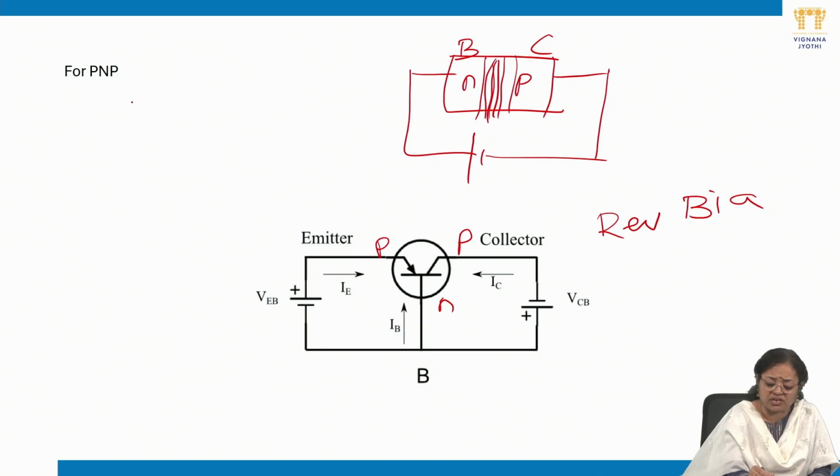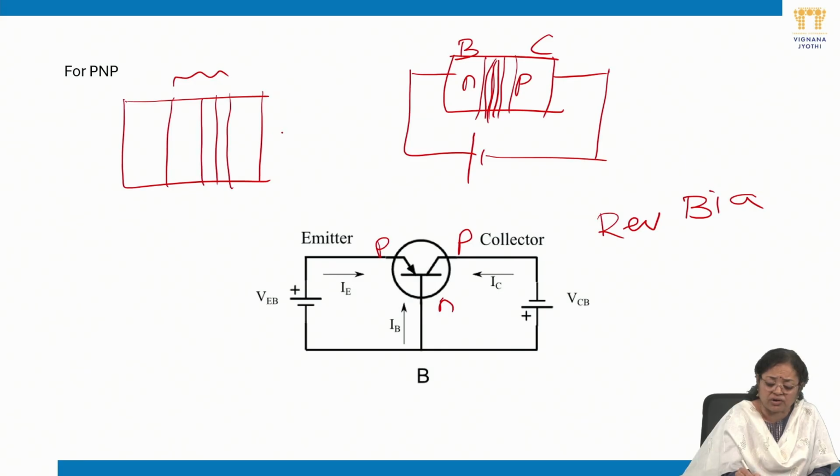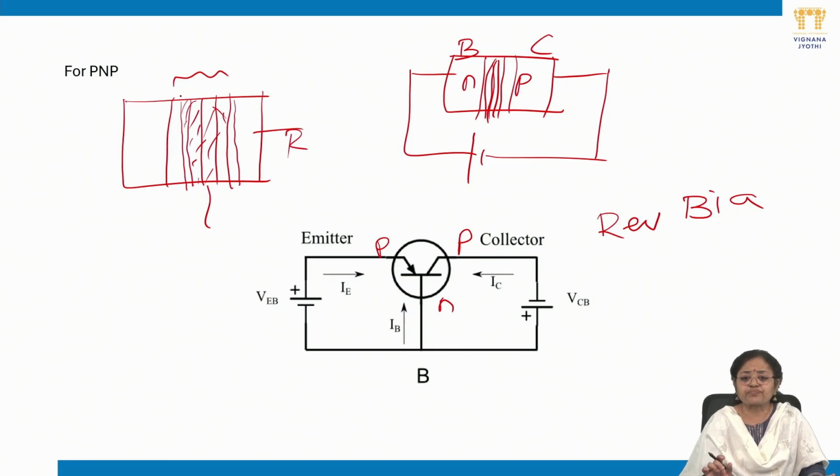So when the depletion width increases more into the base, for example, this was the base width initially. Now the depletion width increases because of the reverse bias across these two terminals. This is the depletion width, and it increases more into the base as compared to the collector. The width of the base reduces.